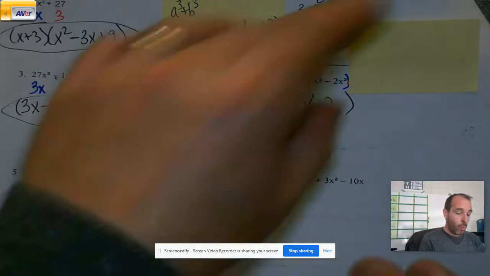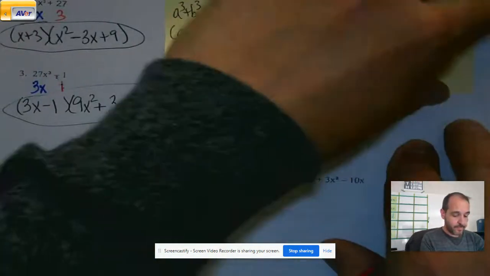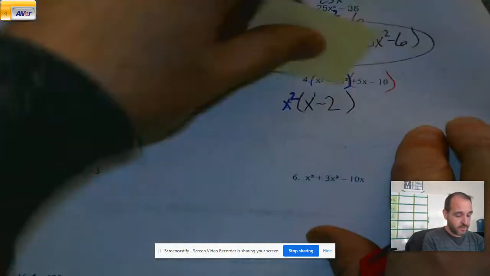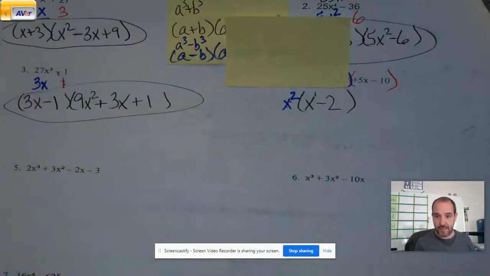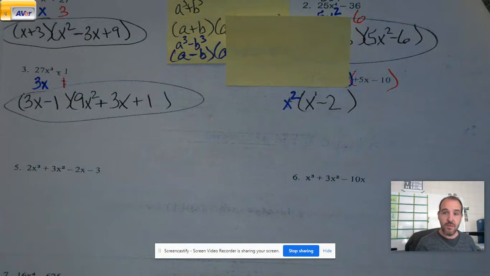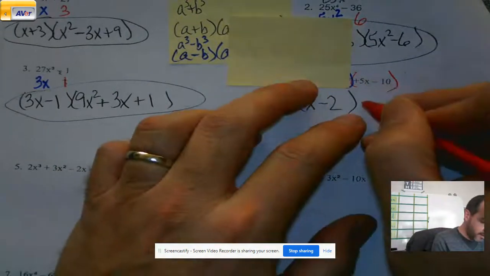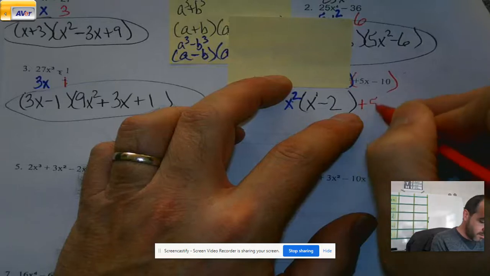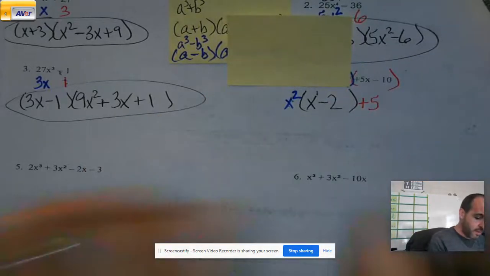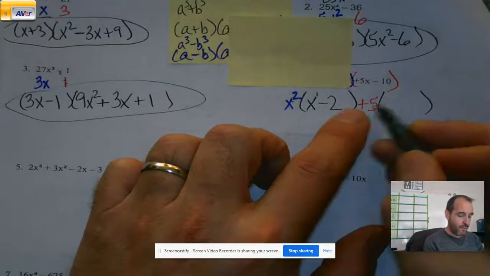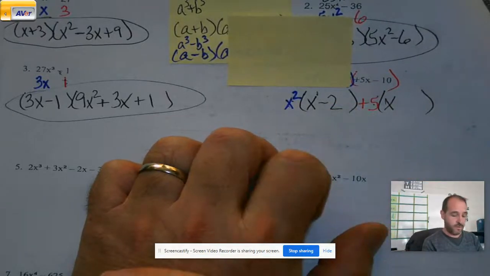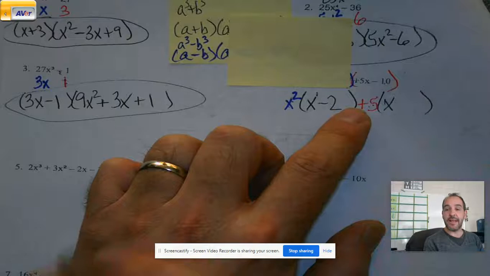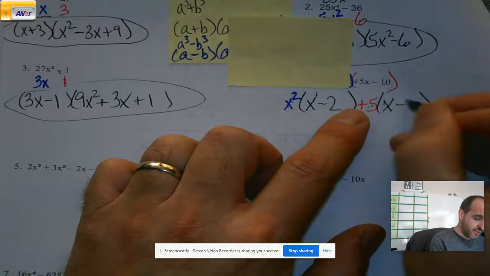Okay? Once I do that, I switch gears, and I do the same thing to my red set of parentheses, my red quantity. Does anything divide into 5 and 10? Yes, 5 does. Okay, so what do we got? Well, I've already got the 5. I need the x, or the x to the first. 5 times what gets me -10? -2.